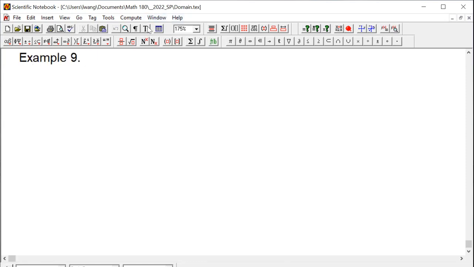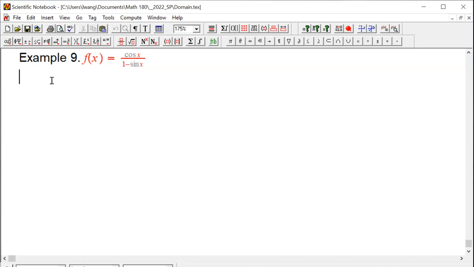Okay, so we have a function right here that equals cosine x over 1 minus sine x. Okay, we have to set up that inequality, but there are 2 ways to express this.